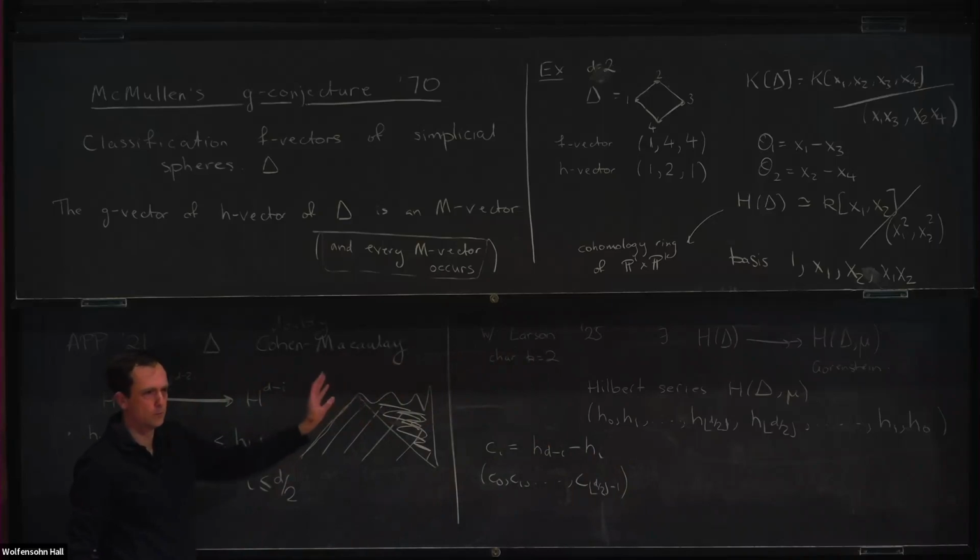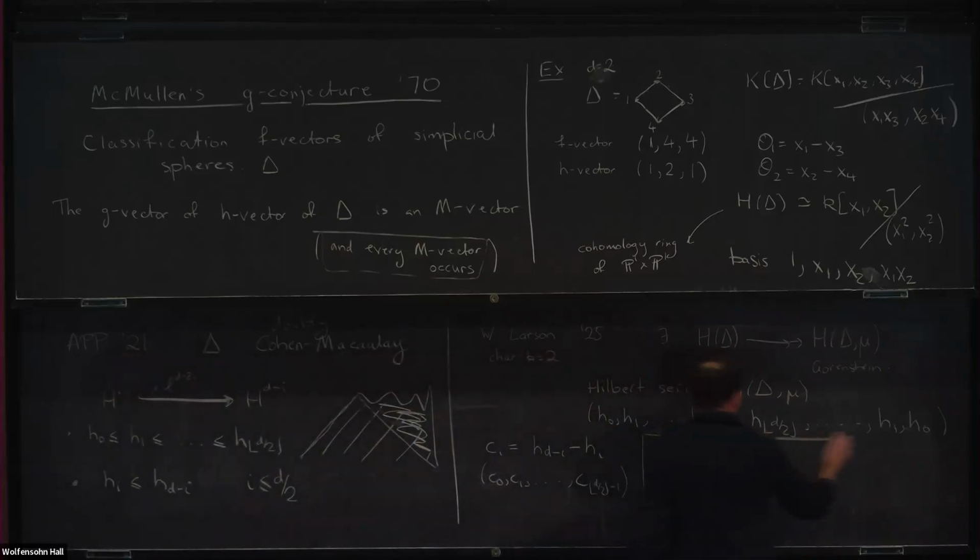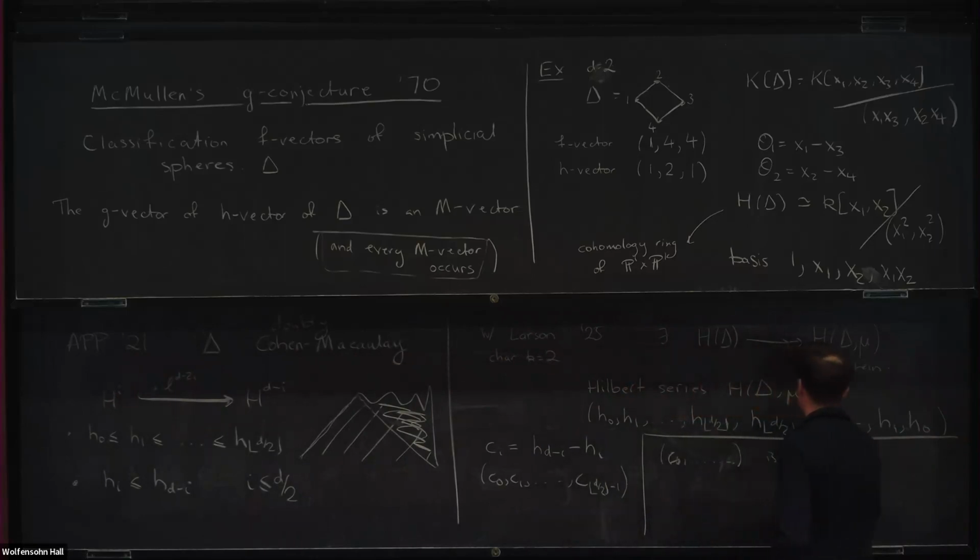And then using this, we can get a version of McMullen's theorem, which says that this C vector is a sum of M vectors.